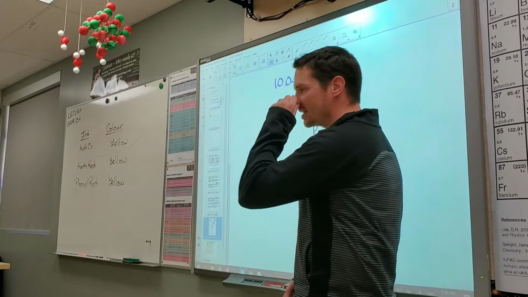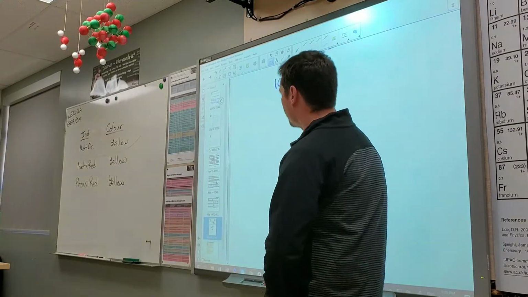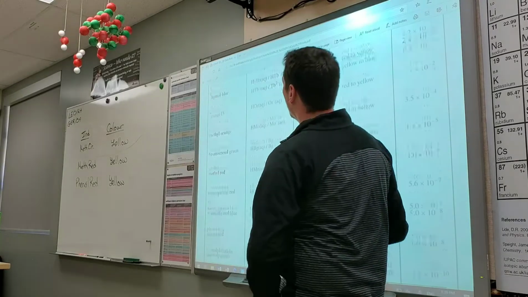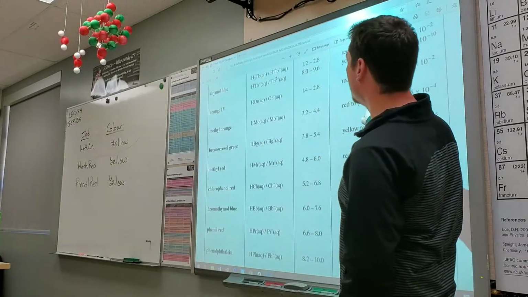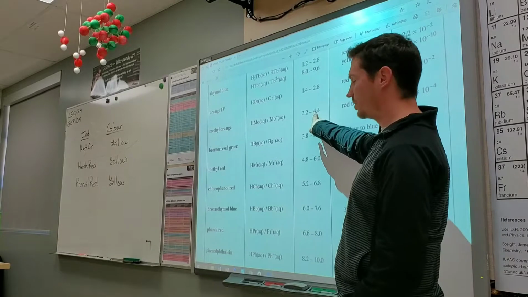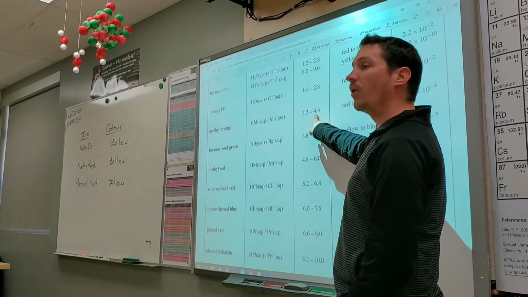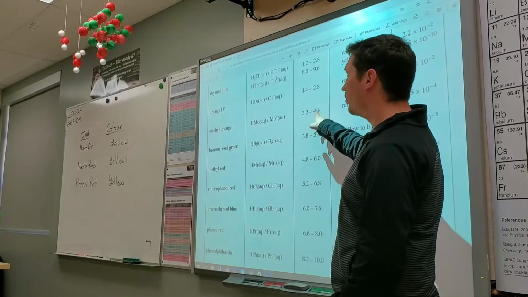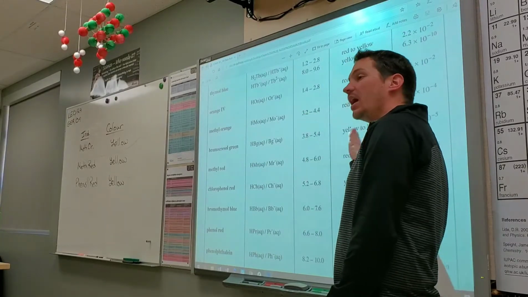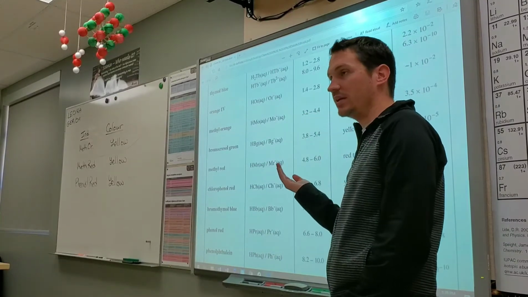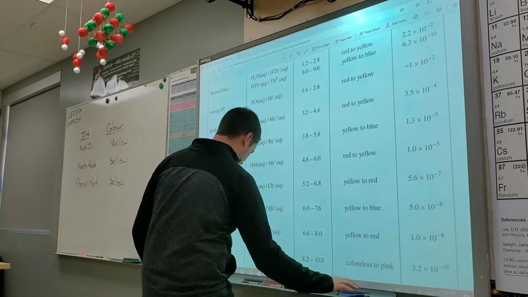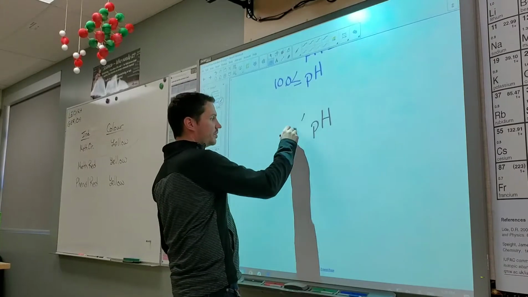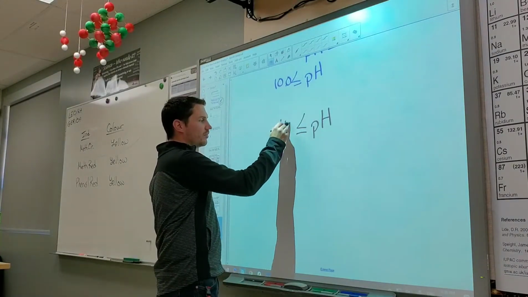Another way of saying that is, when I look at methyl orange, if it has to be yellow, what is it allowed to be? 4.4 or anything higher than that. So my pH has to be above 4.4, right? So my pH has to be greater than 4.4.